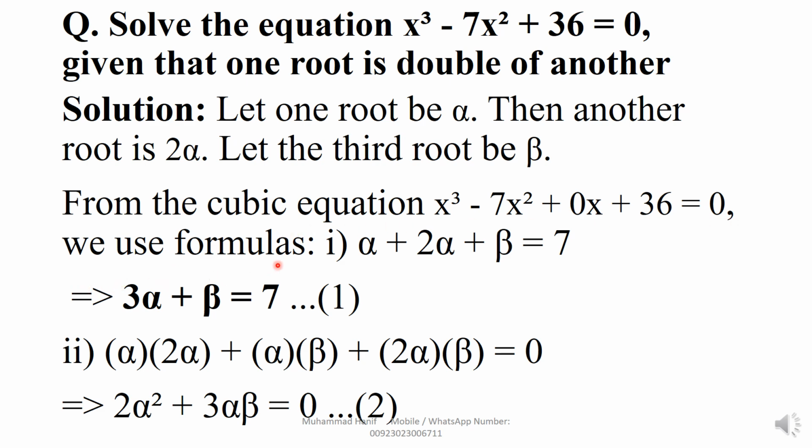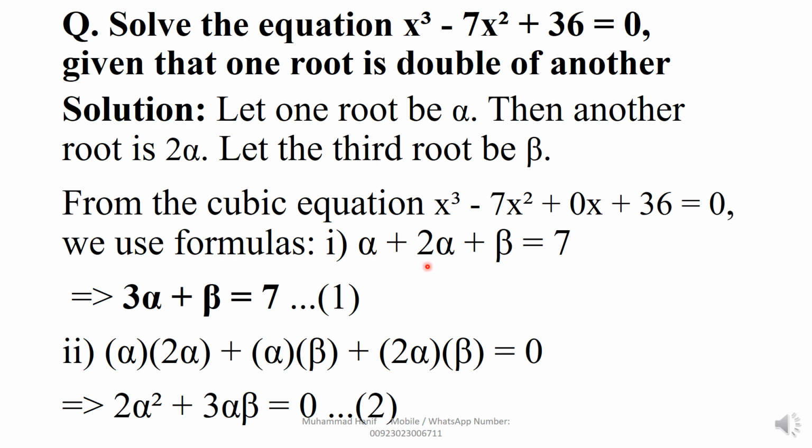We use the formula: alpha plus 2 alpha plus beta equal to 7, because we add all the roots alpha, 2 alpha and beta, and it equals 7.